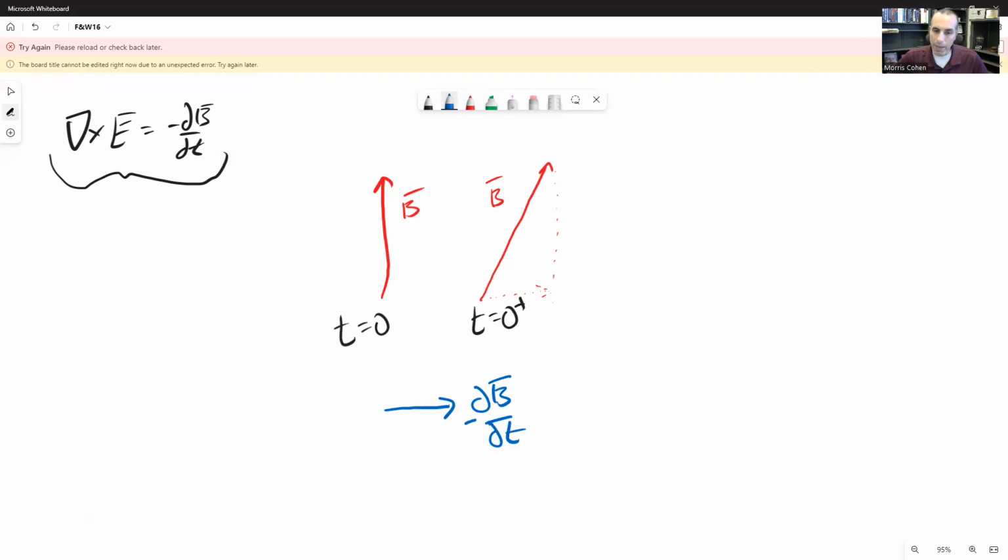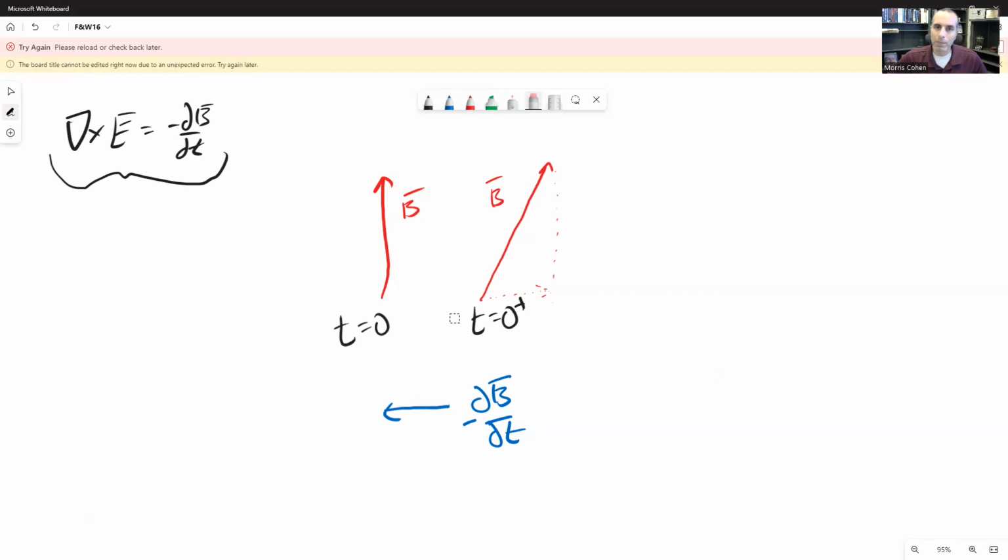And again, let's put that negative sign back and flip the direction of dB/dt, like this. Now the electric field lines are going to swirl around that. So point your thumb in the direction of negative dB/dt, and the electric field lines will swirl around that.